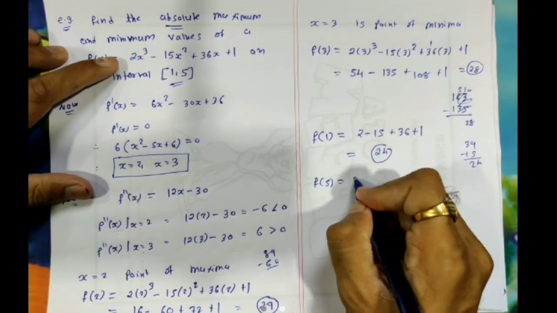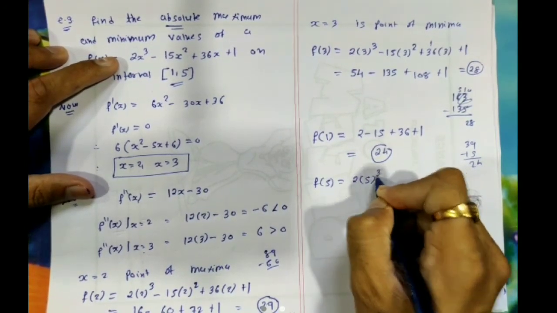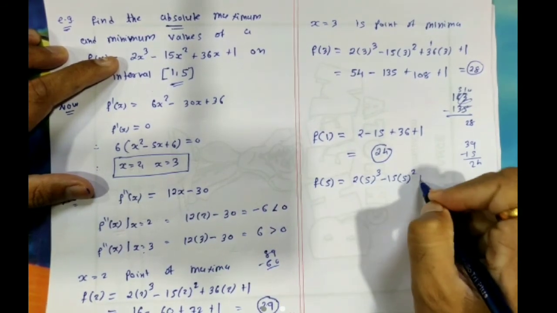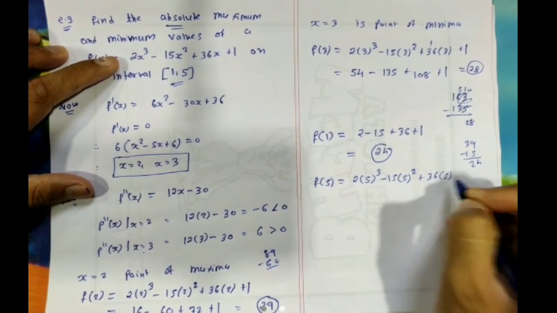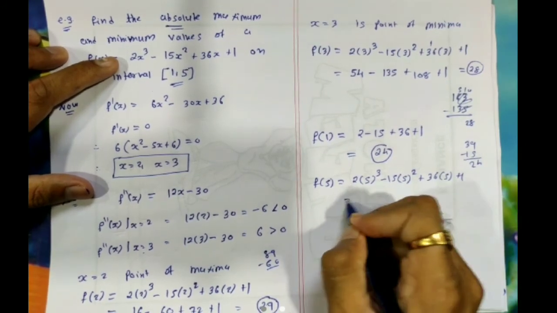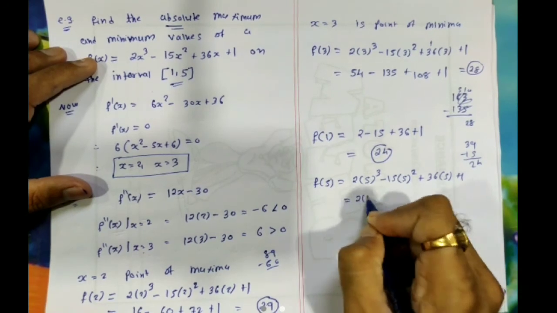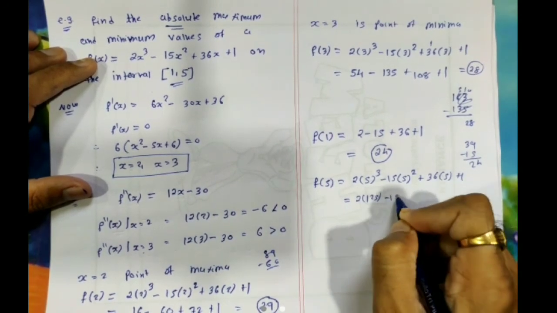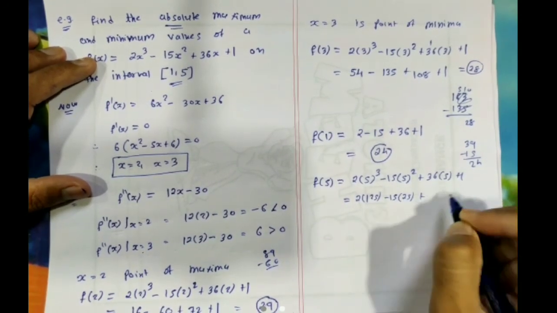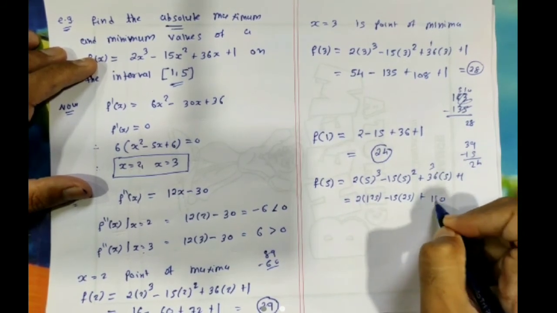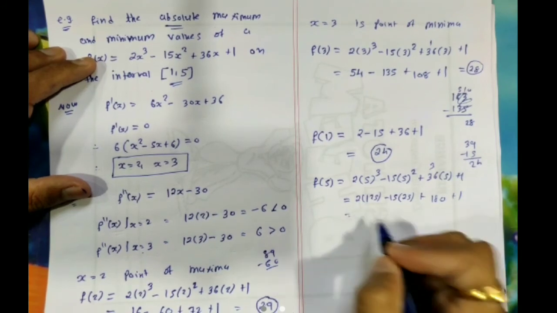So f of 5 will be 2 into 5 cube minus 15 into 5 square plus 36 into 5 plus 1. So this will be 2 into 125 minus 15 into 25 plus 5 6s are 30, 180, plus 1.